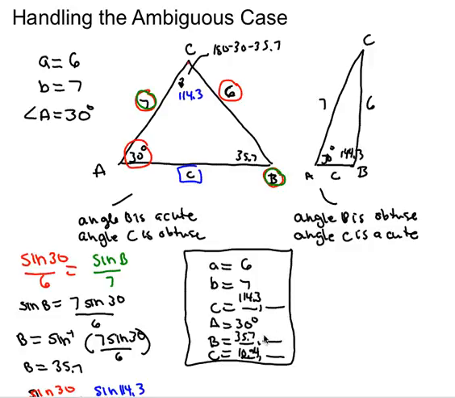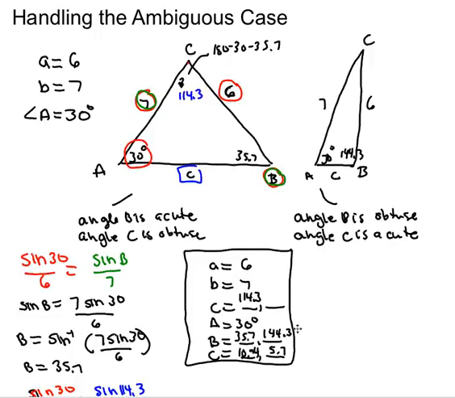Then I need to find angle C, so I take 180 minus 144.3 minus the 30 degrees, and that gives me angle C being 5.7.